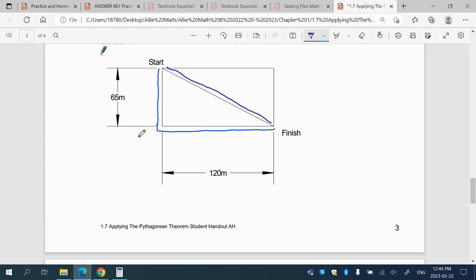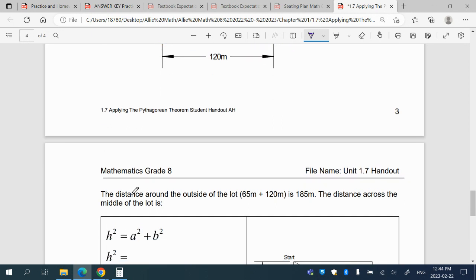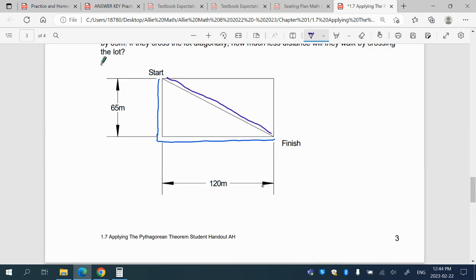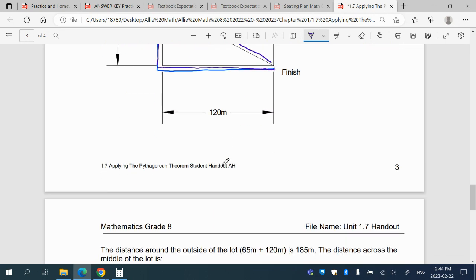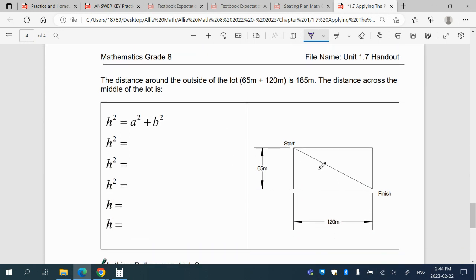So how do we find the distance of walking here and here? The distance around the outside of the lot is 65 meters plus 120 meters, so 185 meters. Okay, look at it right here. So if you walked that, you would walk 65 meters plus 120 meters, you would walk that way. And the distance across the middle of the lot, we'll need to find the hypotenuse for that.